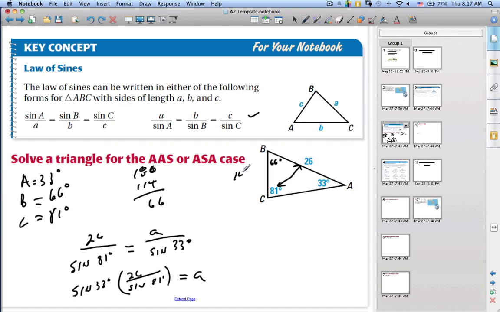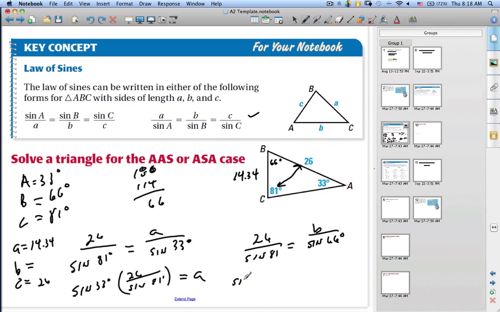Okay, let me write that down. So I know that side A is 14.34. I know that side C is equal to 26, and now I just need to find side B. I can do this whole process again. I take 26 divided by the sine of 81 equals side B divided by the sine of 66 degrees.